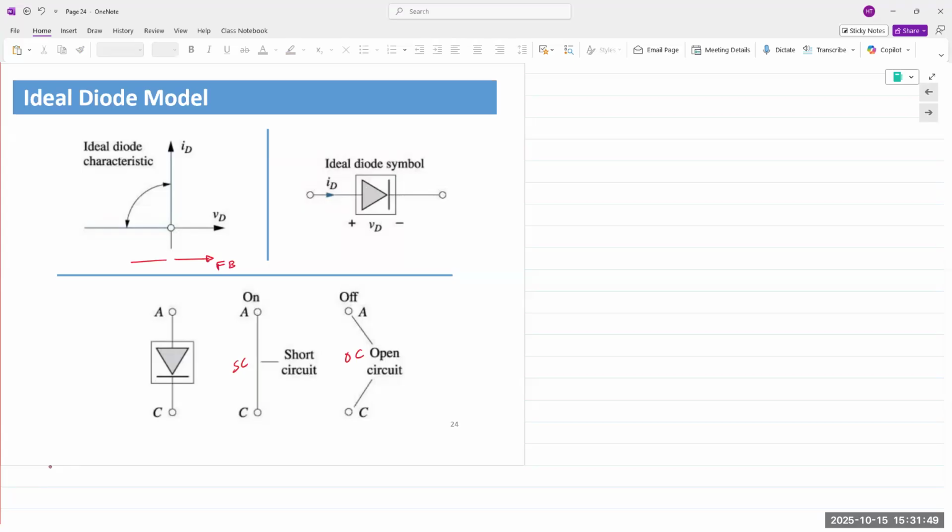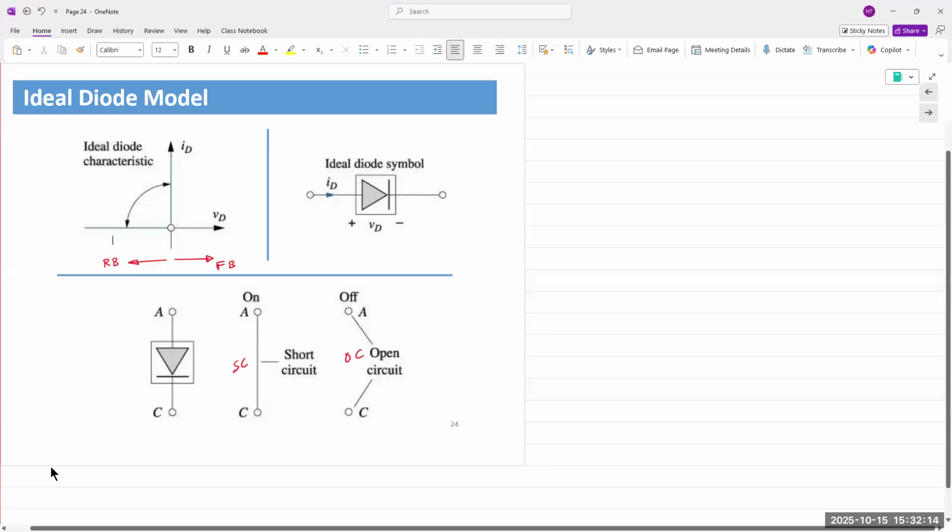If the cathode is higher, then it's reverse bias. So in forward bias, the diode characteristic for an ideal diode is that you have current and voltage is equal to 0. And in reverse bias, voltage is negative and current is equal to 0.